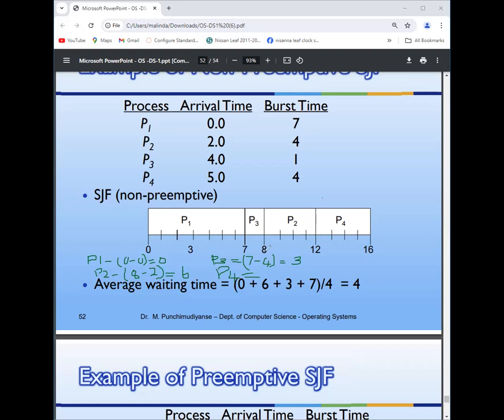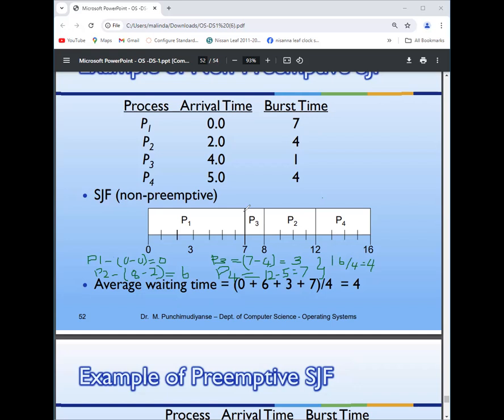So P4's waiting time is 12 minus 5, which is 7. When you want to get the average, 0 plus 6 plus 3 plus 7 divided by 4, that is 16 divided by 4, which is 4. So the average waiting time is calculated like that.